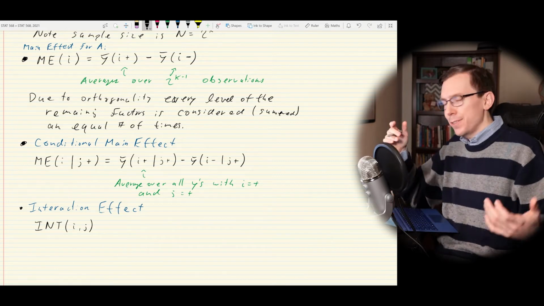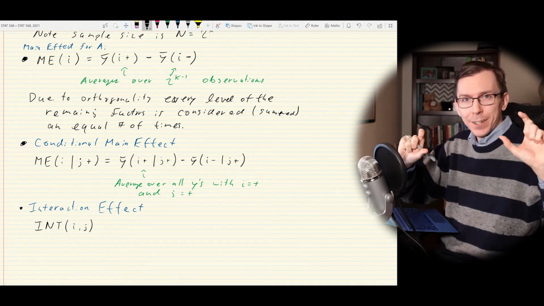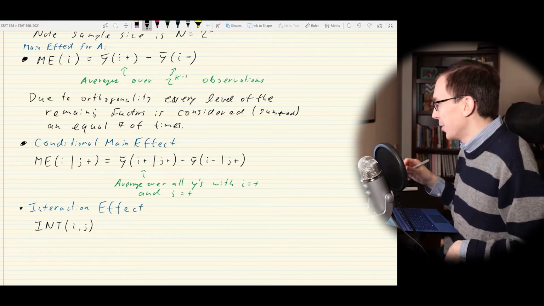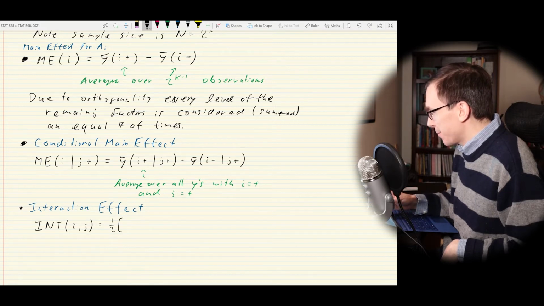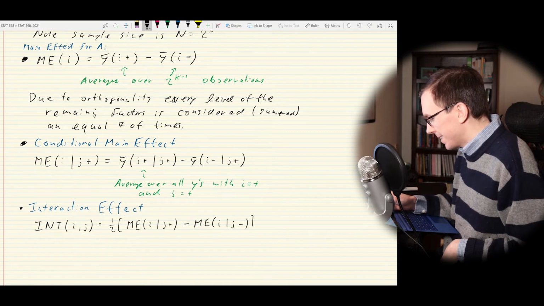So if we want to know how factors I and j interact, they have two levels each, so there are four different settings, plus and minus for each of them. Now, the way we can define this is 1/2 of the difference between the main effect of I given j at plus, minus the main effect of I given j set to minus.